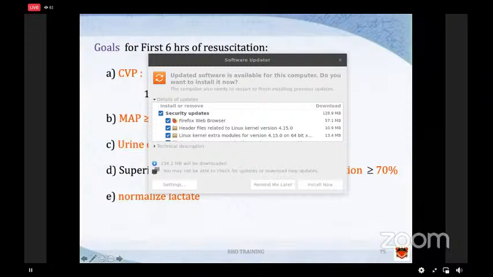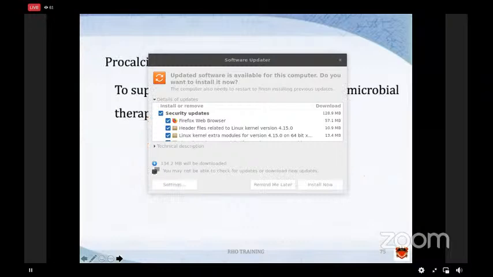So CVP maintained at 8 to 12, MAP more than 65, urine output more than 0.5 ml per kg per hour, mixed venous saturation more than 75, and lactate coming back to normal are the prognostic indicators you need to achieve with your resuscitation during the first 6 hours.